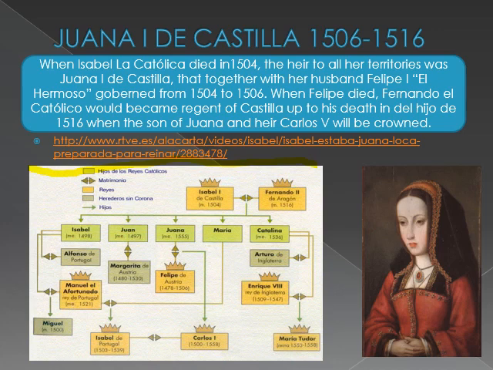What was that main objective? To isolate France. As a result, they made alliances to marry their daughters and their son with different European royal families. And the result was this.